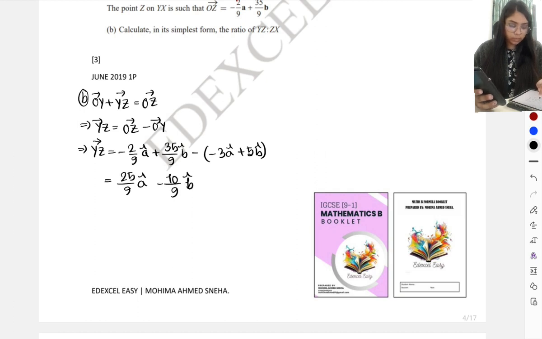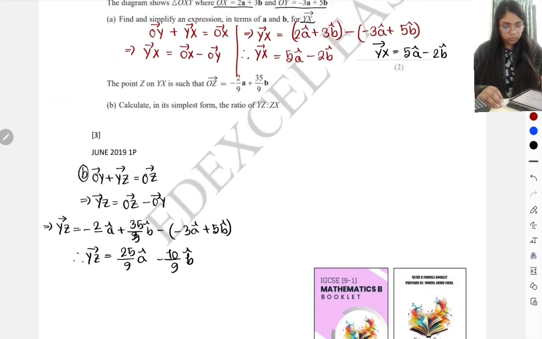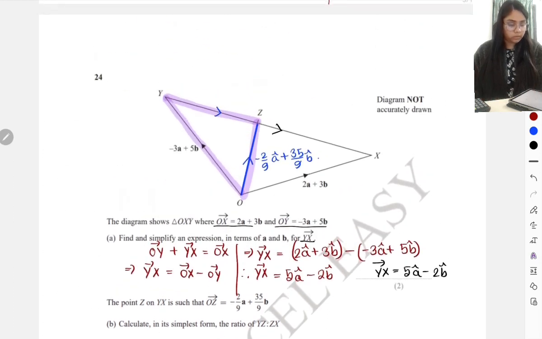I'm obviously adding the a and b terms together, and this is what the final vector for YZ looks like. Now we'll be moving on to find the final vector for ZX. I'll shift this a little to the right so that everything is quite linear. Okay, so we'll be moving on to ZX.